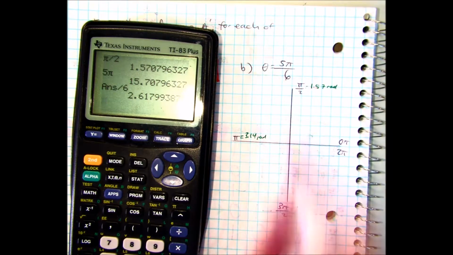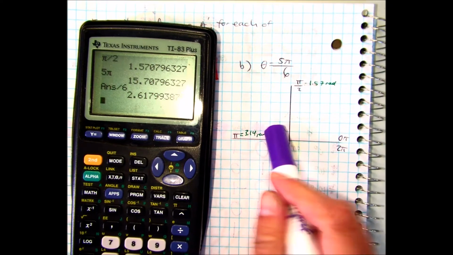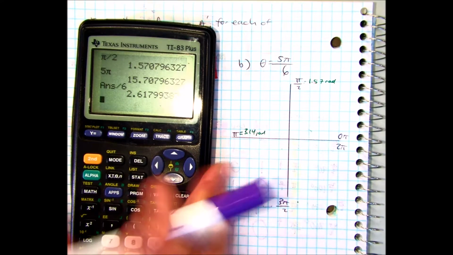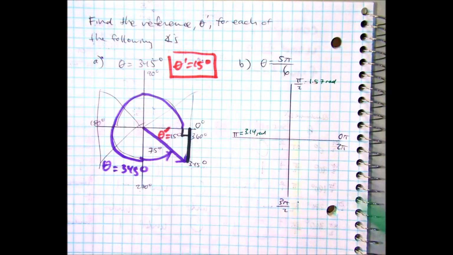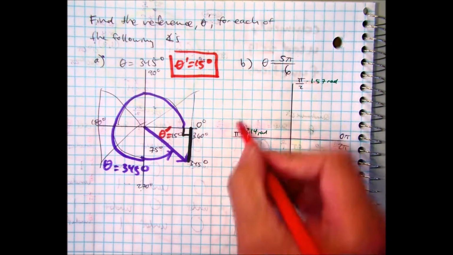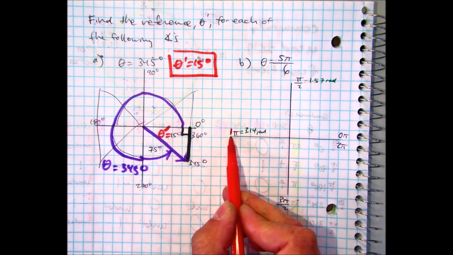Here's another way of figuring out where 5 pi over 6 is. I don't really want you to convert into radians. I really don't want you to convert into degrees. You can do that, but I'd rather use the fractions of the unit circle. What are the fractions? This one says 1 pi. Well, how do I make 1 pi a fraction?